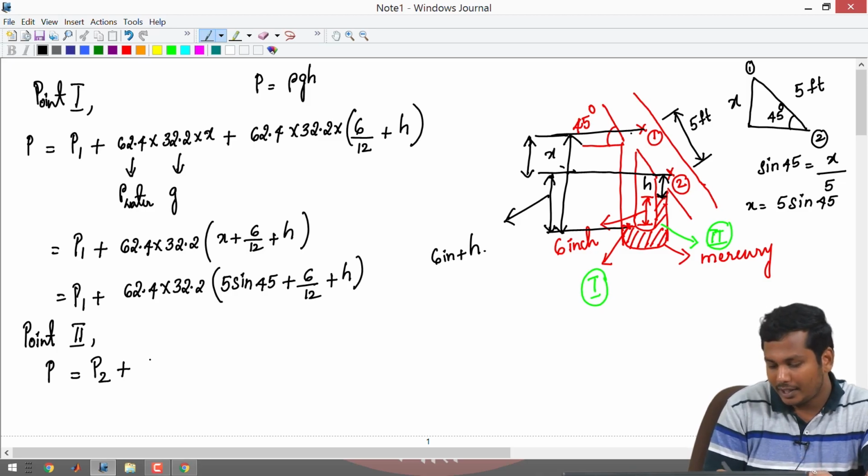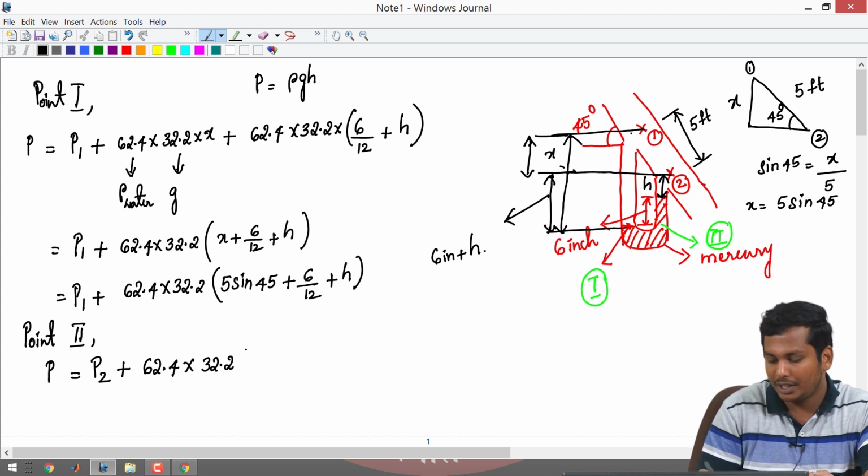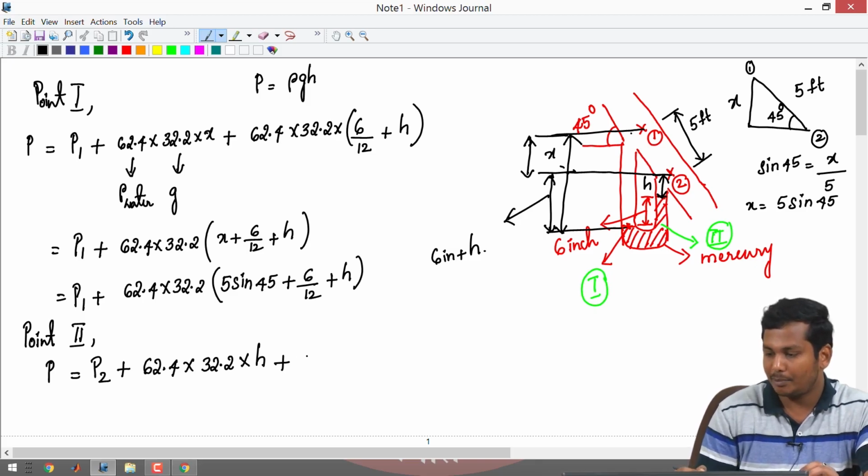So, we will take the density of water, which is 62.4 in FPS units, times 32.2, which is the acceleration due to gravity in FPS units, times h, plus we have the manometric fluid, the mercury, for a height of 6 inch. We will write the pressure exerted by the mercury of height 6 inches.